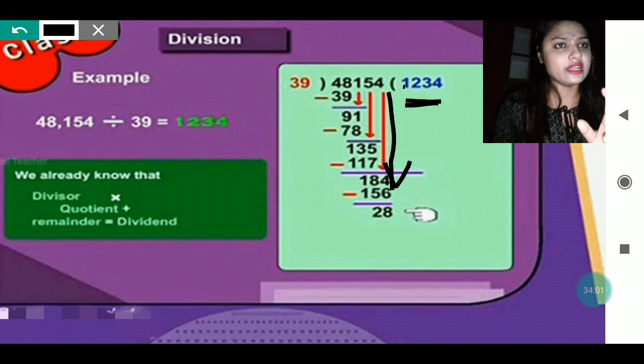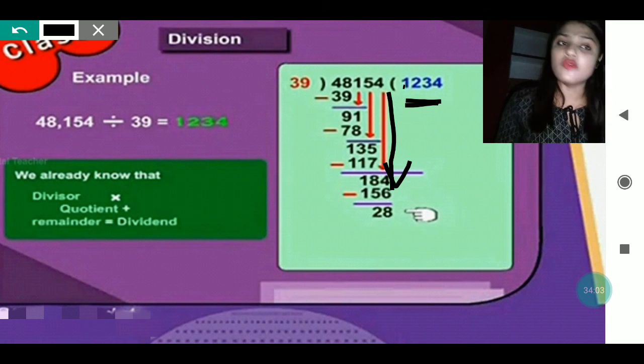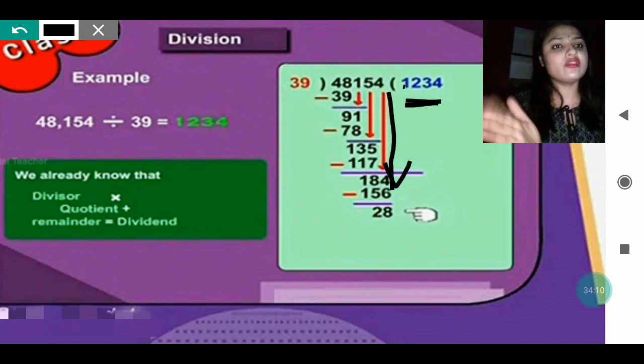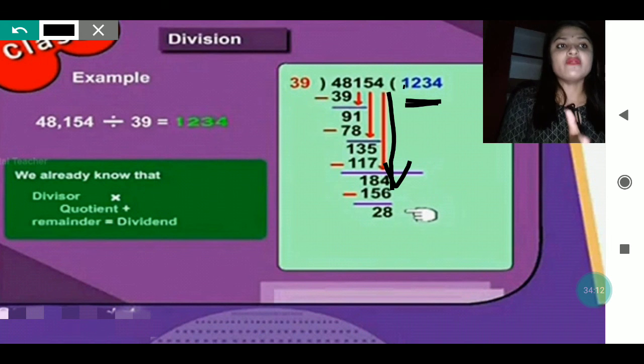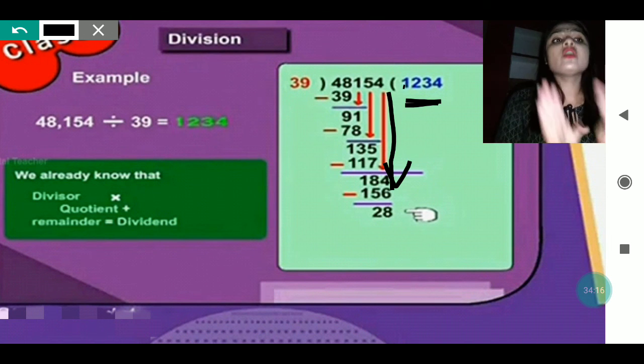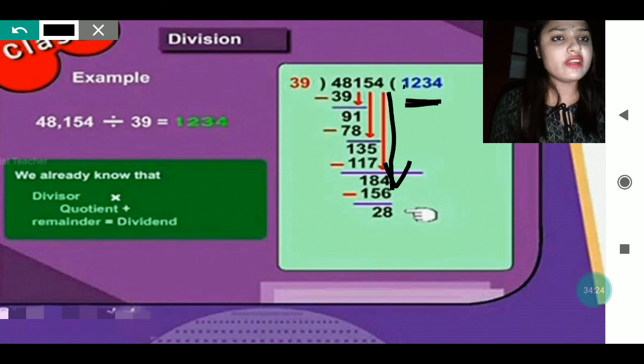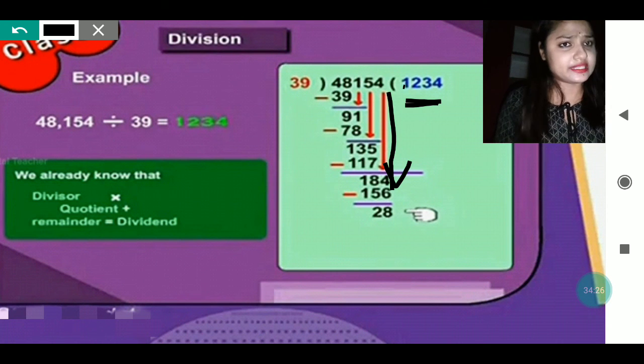Previously it was 18, but now it is 184. In the table of 39, how many times should we read it to get 184? When we read the table of 39 four times, we get 156. We are not getting exactly 184, but we are getting 156.